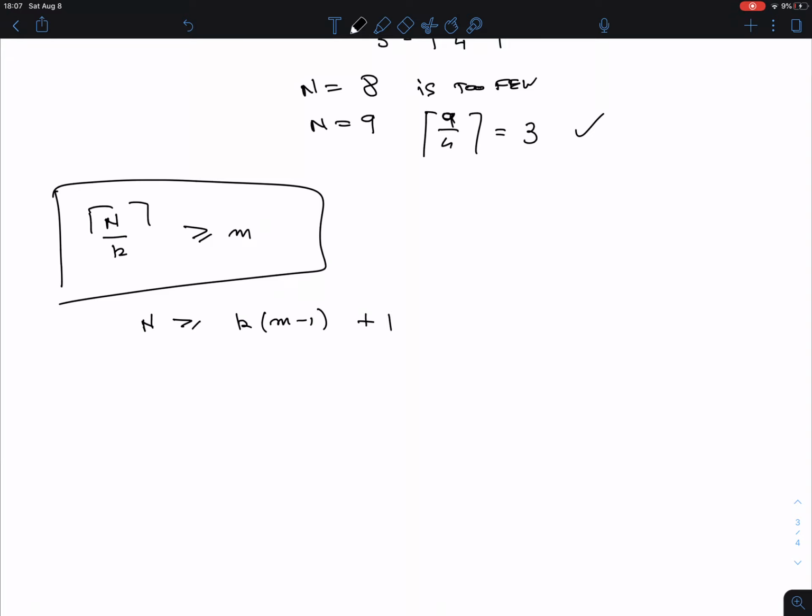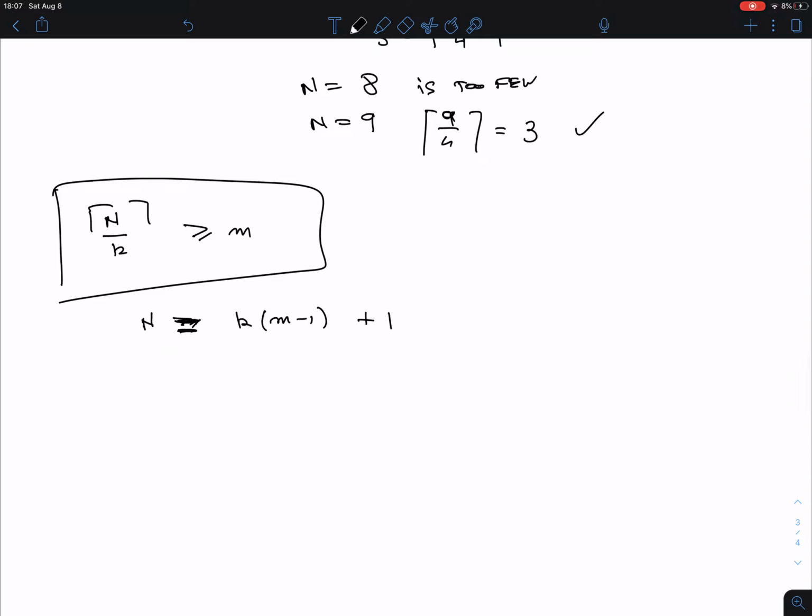Of course, we want the least n, so we would solve it this way. This tells me what n would be if I have k and m. Let's think about why this is the case.